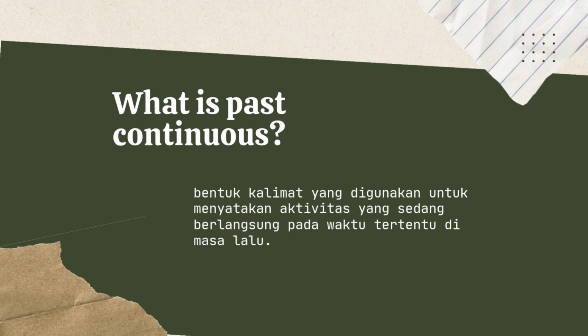And the important point is the action was happening, the time is in the past. For example, at 8 o'clock last night, I was doing my homework. This means that at 8 o'clock the activity was still in progress.